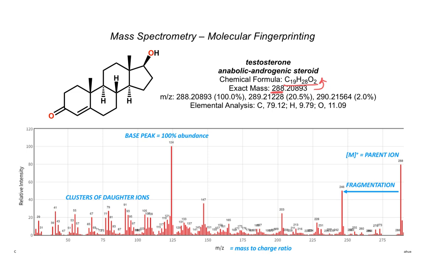And since we have some time before we get to the rest of the stuff, what I can point out is the title of the slide says molecular fingerprinting. We all know that in law enforcement, one thing they'll do at a crime scene is dust for fingerprints. The reason they do that is because everyone's fingerprints are unique to them.